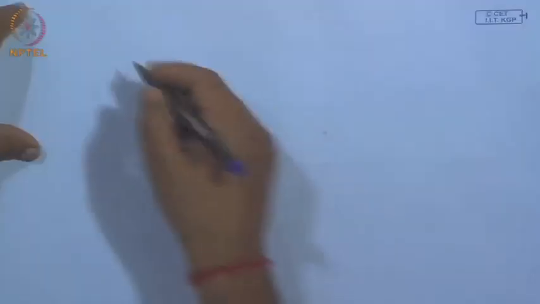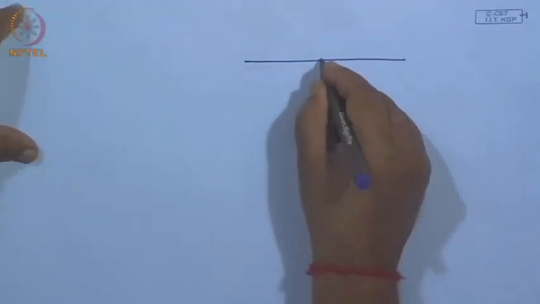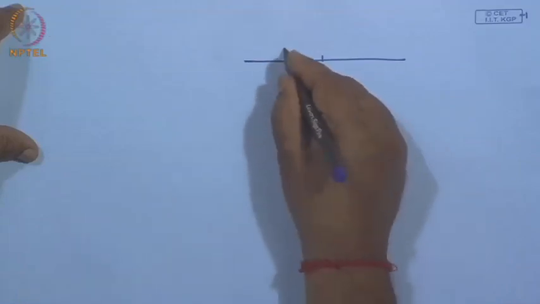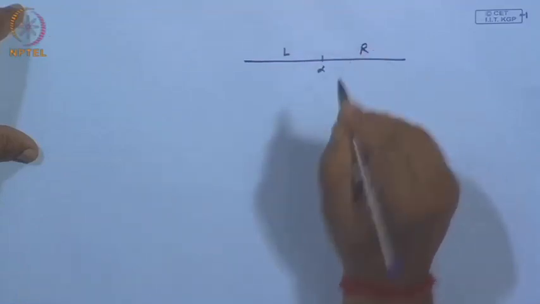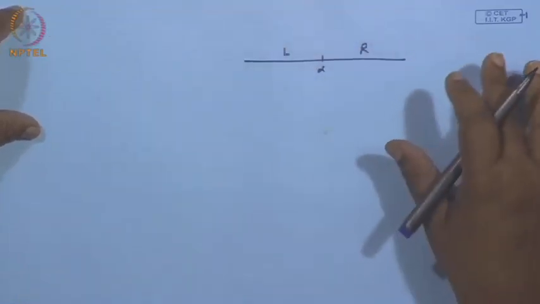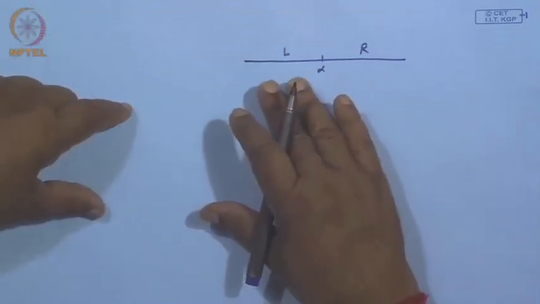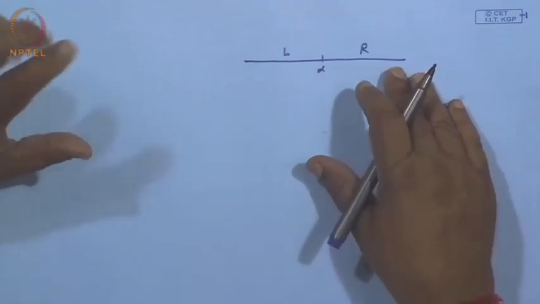Suppose we have the cut alpha, a real number, which bifurcates all the real numbers into two classes, the lower class and the upper class.